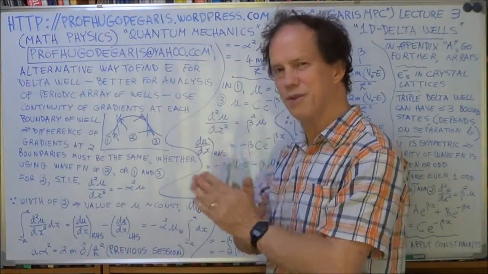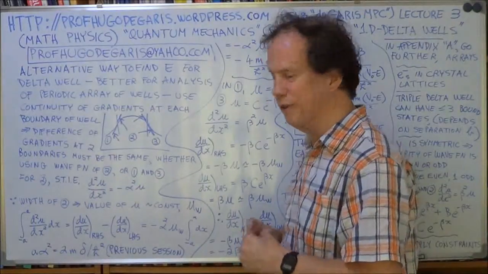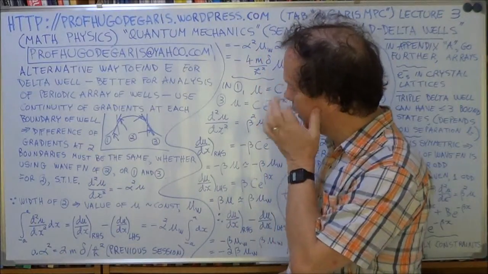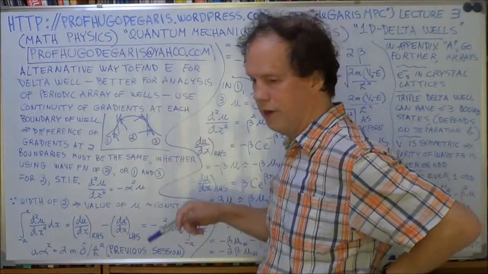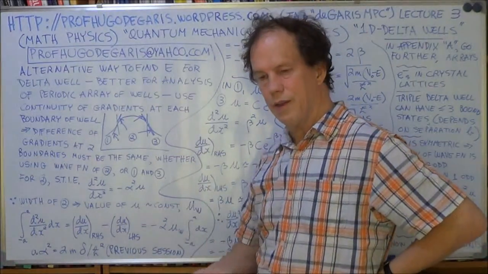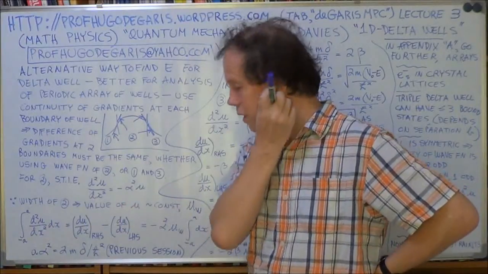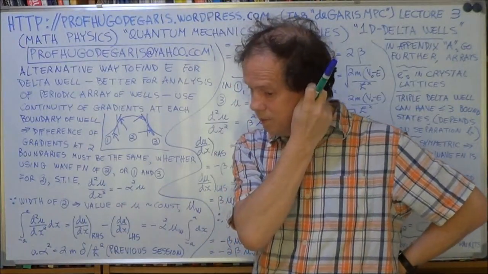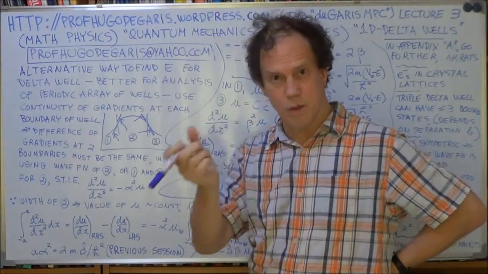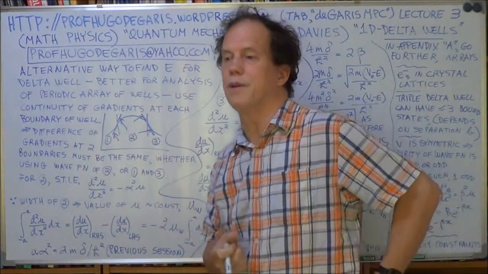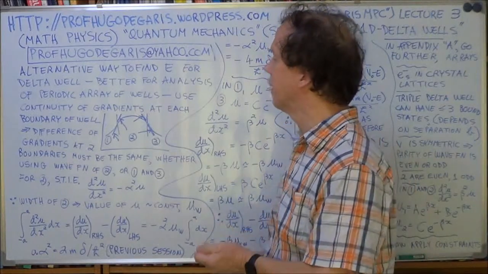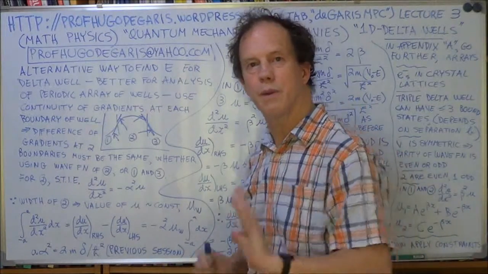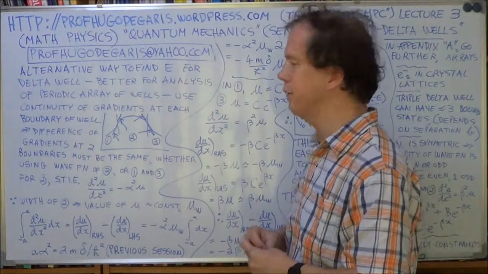A wonderful result, a great work saver. We only have to solve half the problem, and then we know the other half of the wave function just by symmetry or anti-symmetry. In other words, parity is even or parity is odd, so the wave function is either an even function or an odd function. So we only have to solve half the problem.